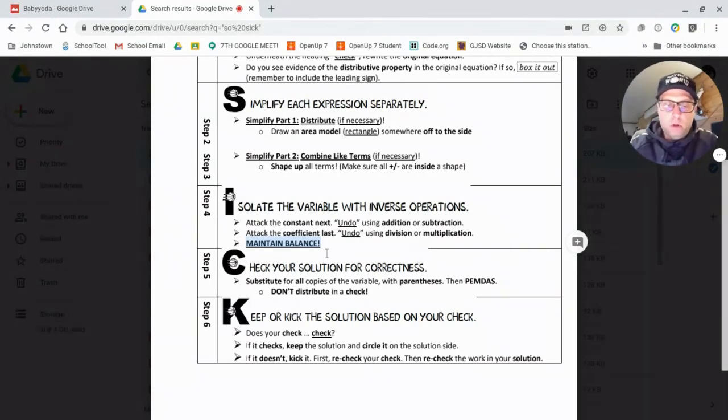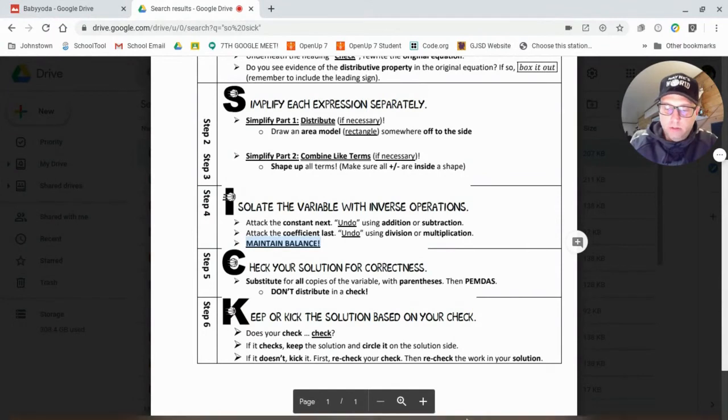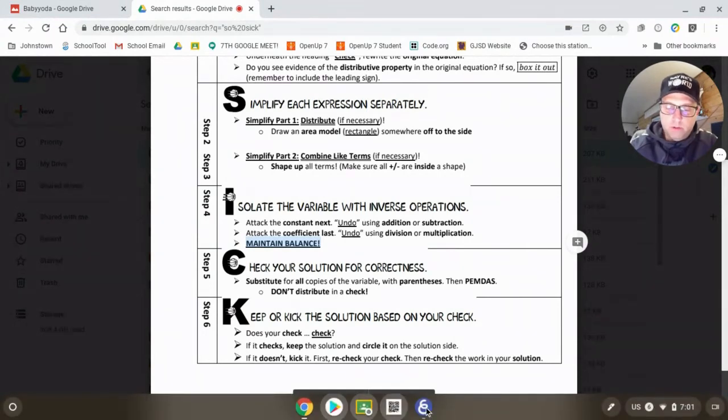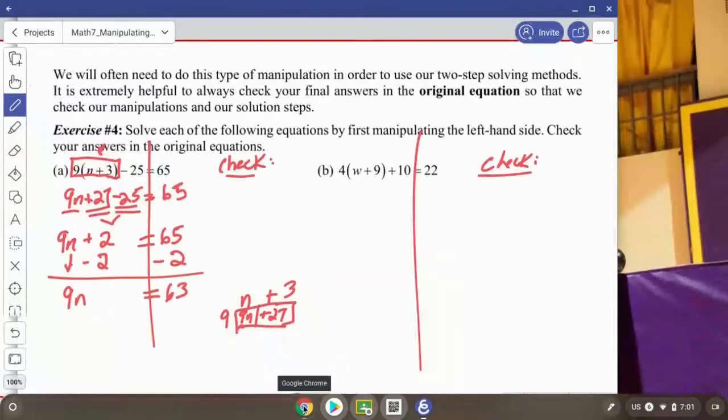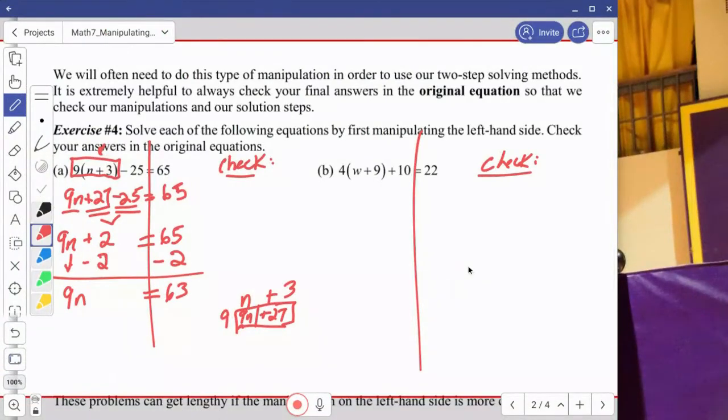So attack the coefficient last. Undo it using multiplication or division. Well, coefficient is a word that means a number in front of a variable. The number in front of the variable is 9. The 9 is multiplying by the n. So the antidote is division. So 9n divided by 9 is just n, and 63 divided by 9 is 7.